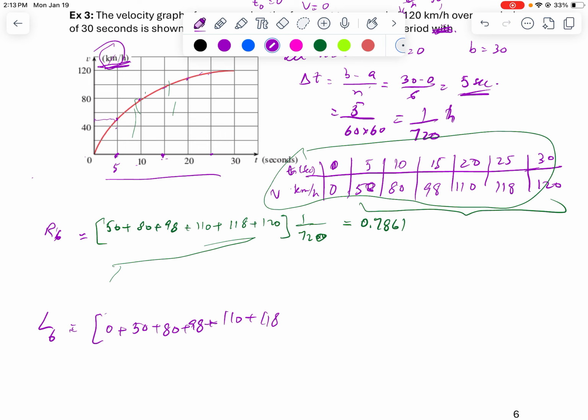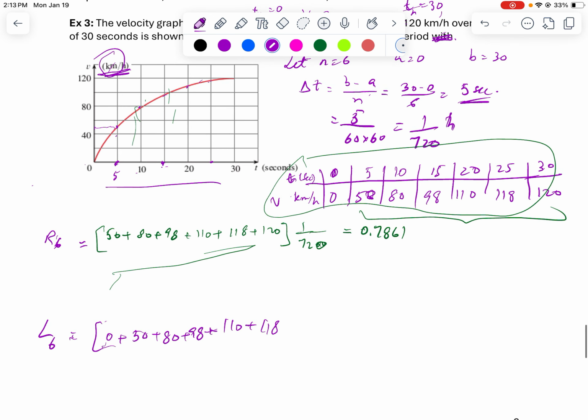Remember, we start at x sub k minus 1, or x sub n minus 1. So n is 6, and 6 minus 1 is 5, so this is the x5 that we are stopping at. And then we multiply it by 1 over 720. So what do I get? Now I'm getting 0.6194.